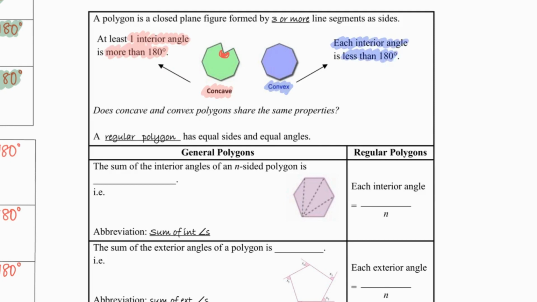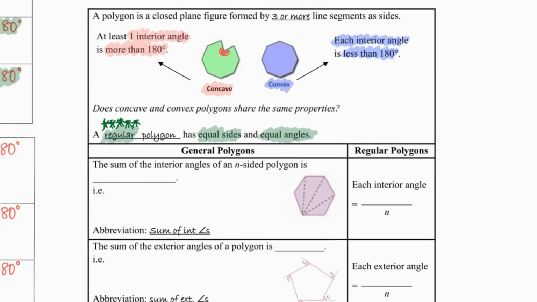Okay, and this is a super duper important thing. A regular polygon has equal sides, equal angles. So that is the key word. This is super important. So please highlight that.